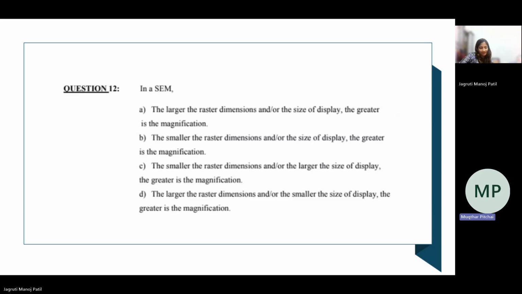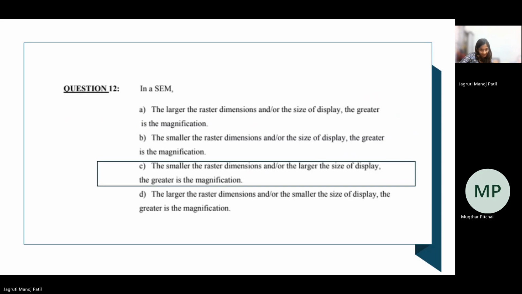Smaller the raster dimension, the greater the magnification. I believe B, ma'am. Oh, it's C: smaller the raster and the larger the size of the display, and the greater is the magnification. But B and C is missing the larger size of the display. Remaining everything is okay.